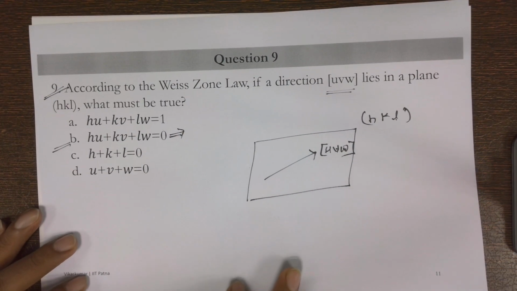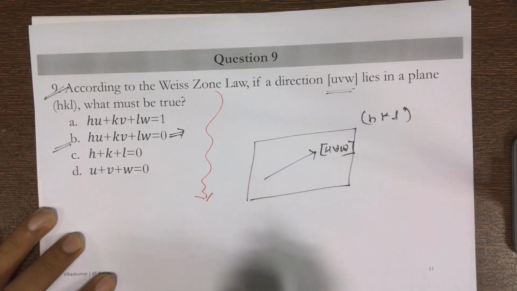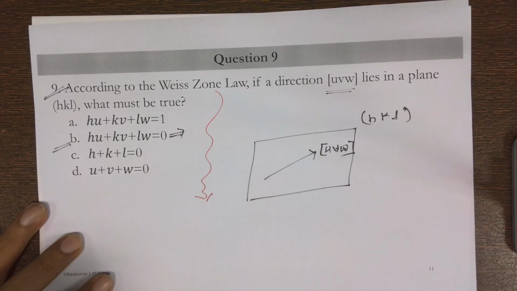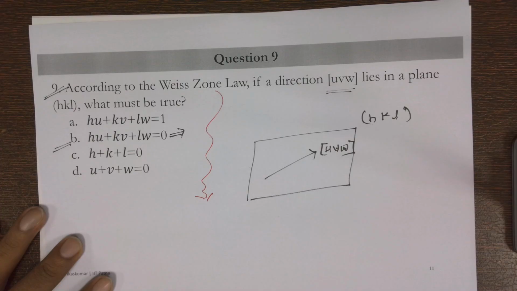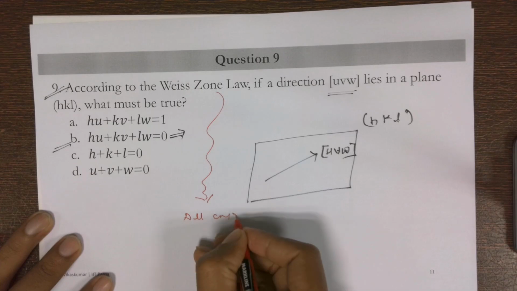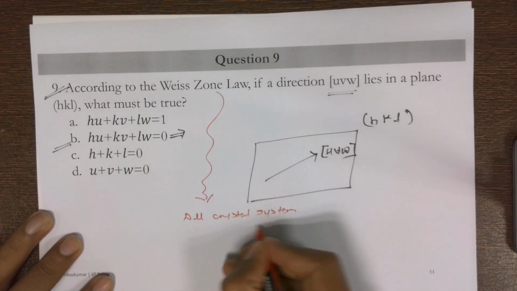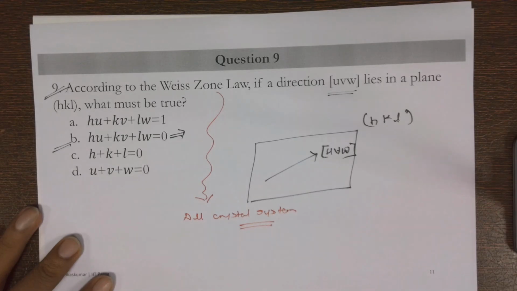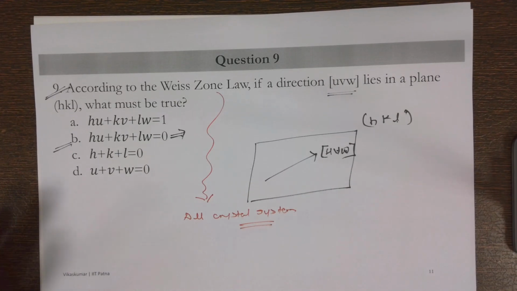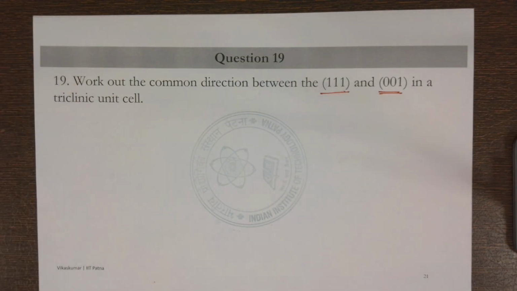When we talk about this law, we do not specify for which unit cell or crystal system it is applicable. The reason is that it's valid for all crystal systems. It doesn't matter whether it's a cube, tetragonal, orthorhombic, triclinic or monoclinic. It will be valid for all the crystal systems.